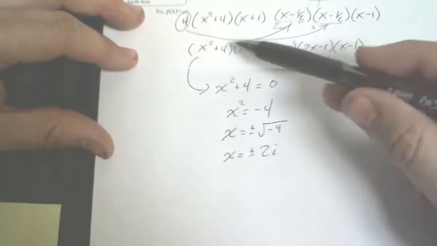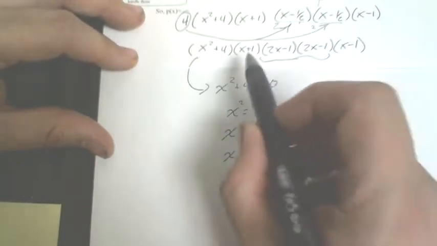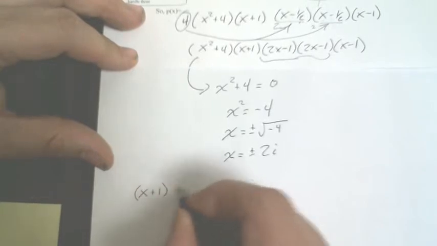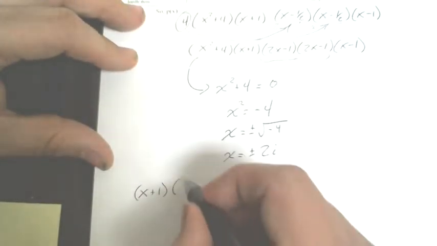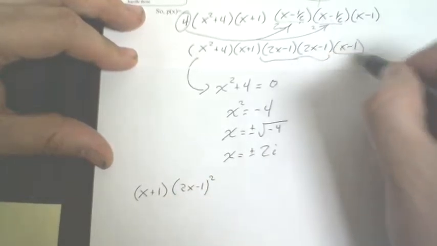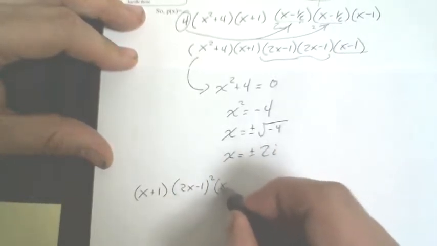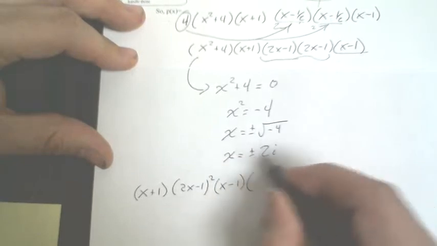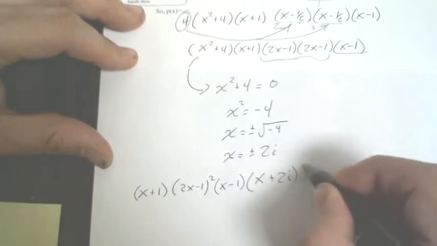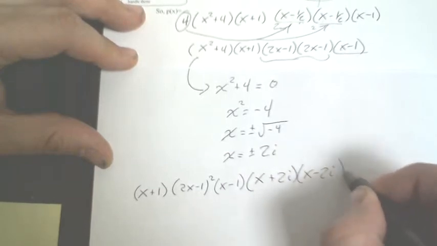So we now have, from this start up here, I'm going to start with the x plus 1 for no particular reason. So x plus 1 times 2x minus 1, I'm going to write that as squared, times this x minus 1, times these two, x plus 2i and x minus 2i.